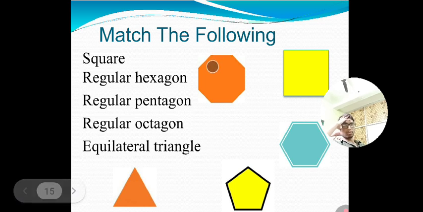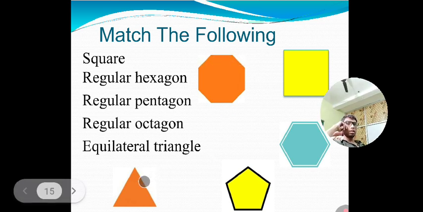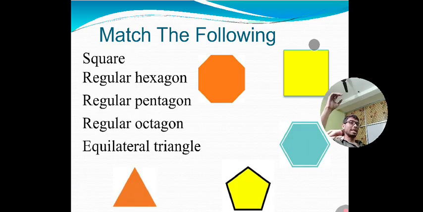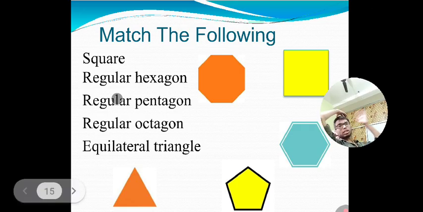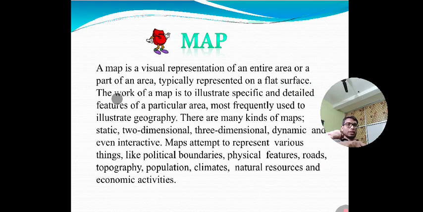If the sides and angles of a shape are equal, then this type of shape is regular. If the sides of a shape are not equal to each other, then that shape is an irregular shape.